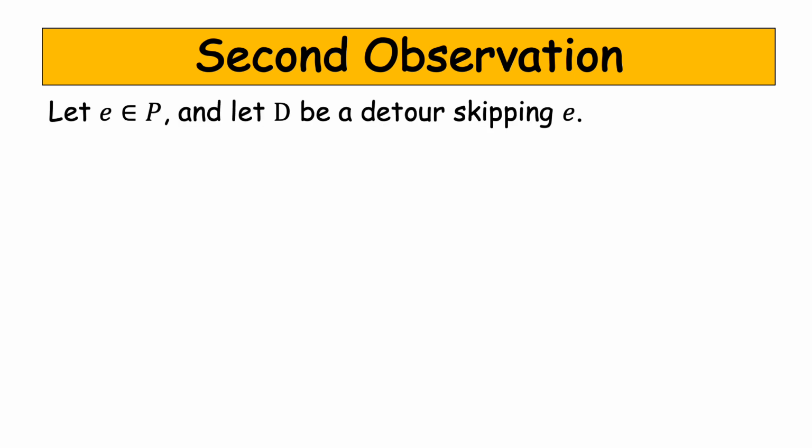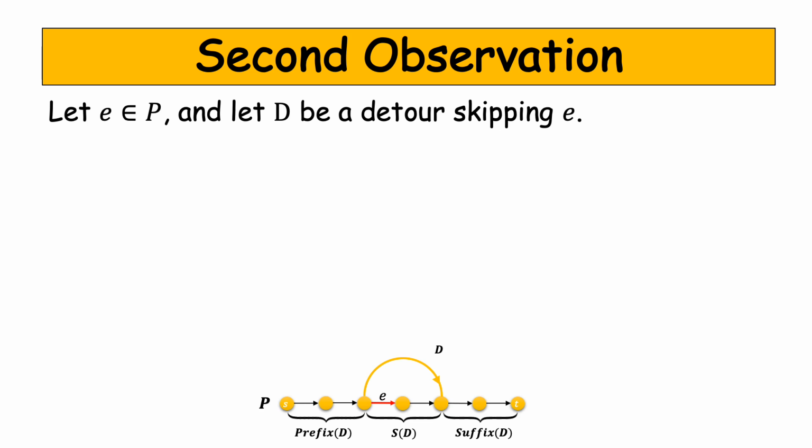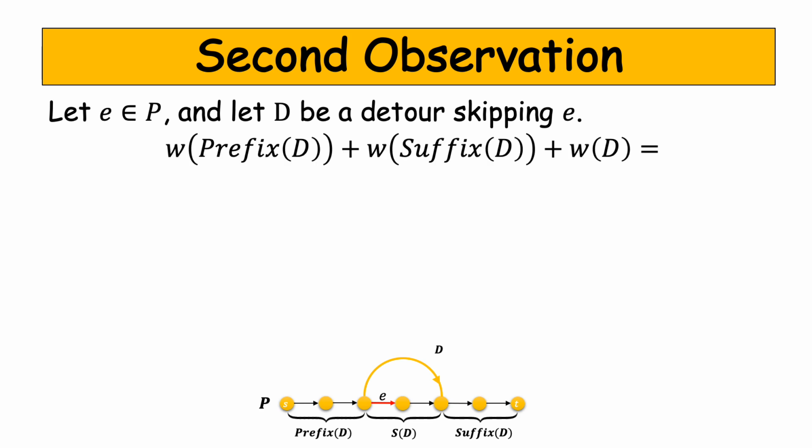The second observation is regarding what we are actually looking to minimize. Let E be an edge in the path P and let D be a detour that is skipping E. We are looking to minimize the weight of the replacement path, which is the weight of the prefix plus the weight of the suffix plus the weight of the detour itself. Notice that the weight of the prefix plus the weight of the suffix is equal to the weight of the whole path minus the weight of SD.